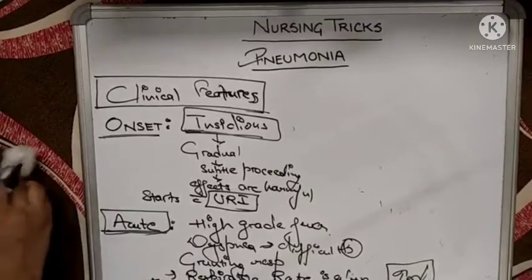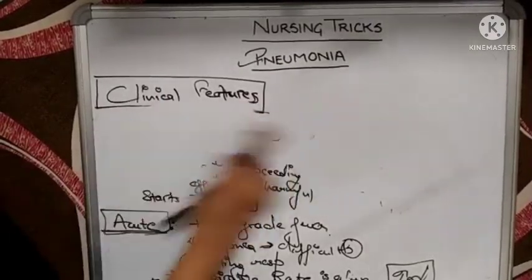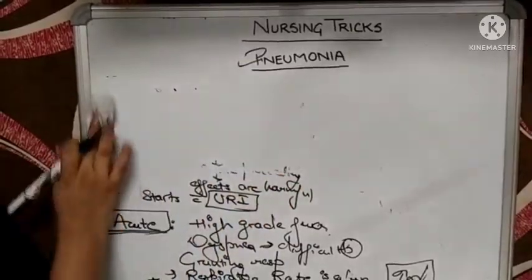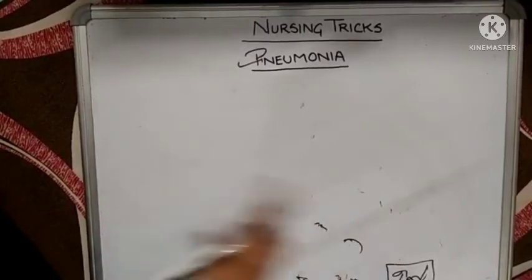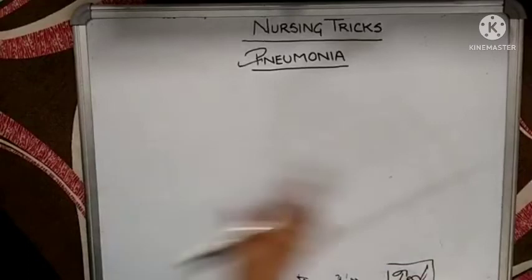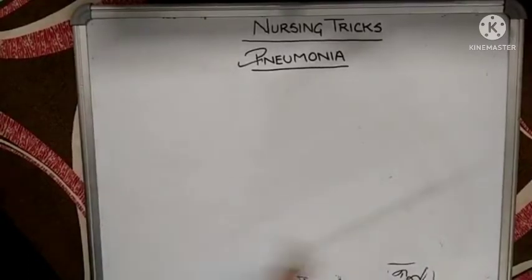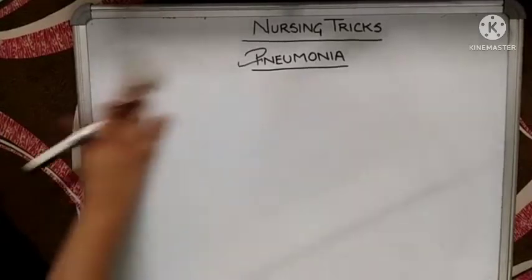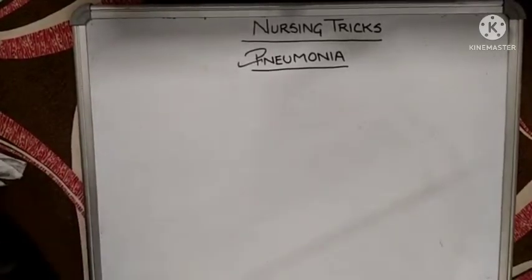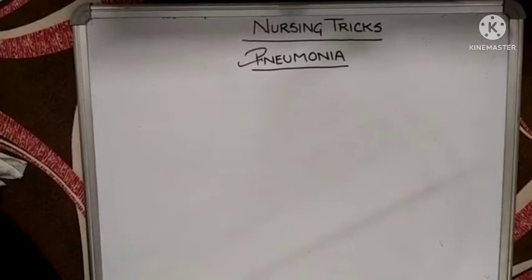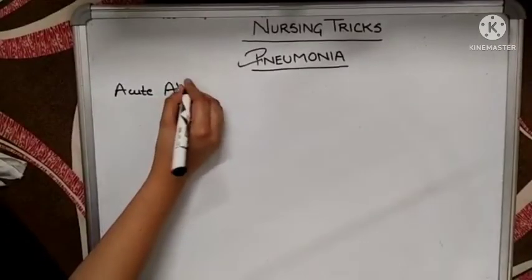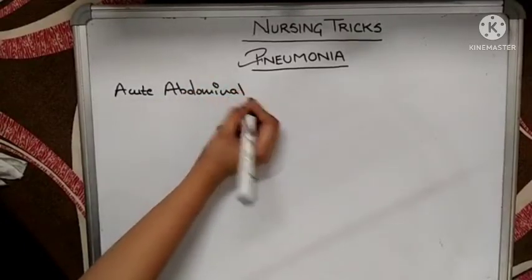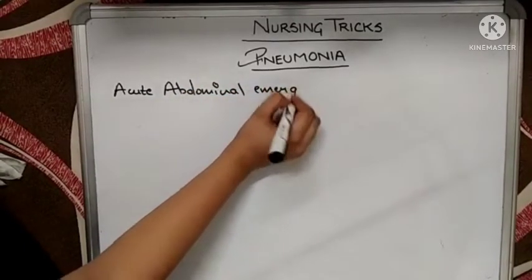Now a very important thing that I am going to write onto the board, please mark this line: many a times you will find that a child will come with acute abdominal pain or an acute abdominal emergency. There we also have to make a diagnosis of pneumonia.